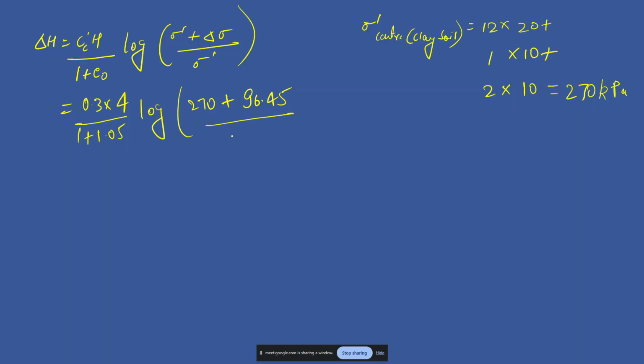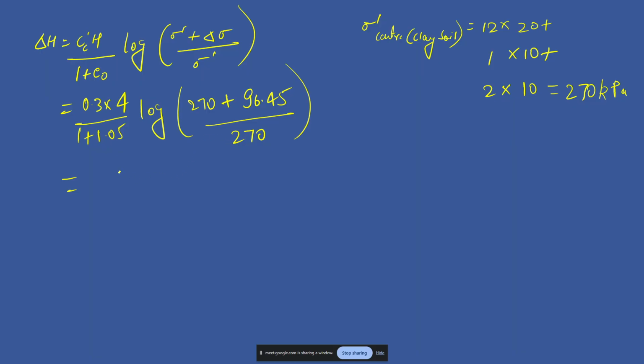And your initial effective stress is also 270 kPa. So your settlement of the layer can be calculated as log of 270 plus 96.45 divided by 270, into 0.3 into 4 divided by 2.05.